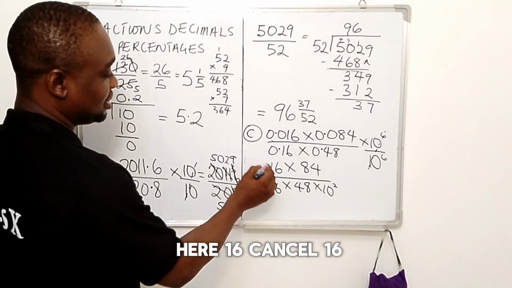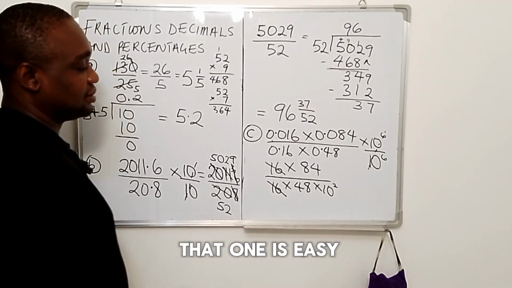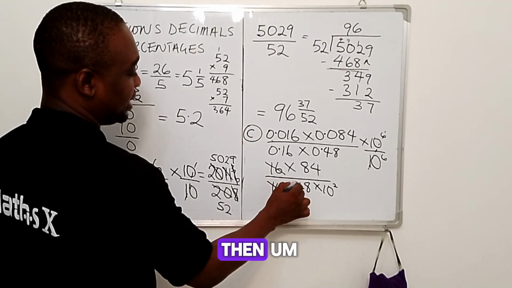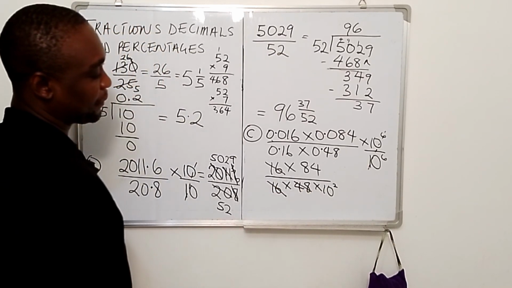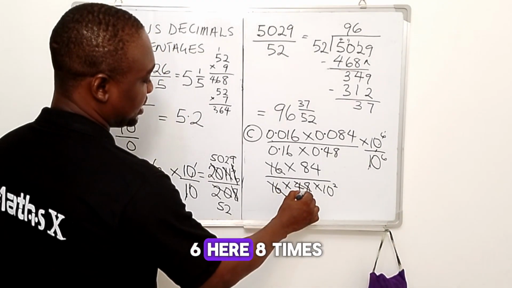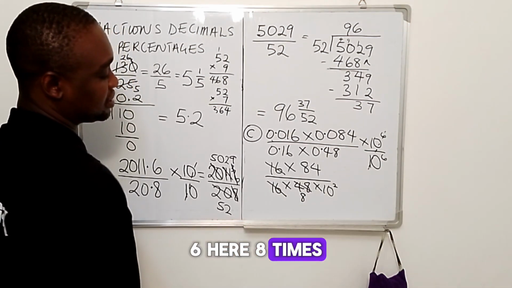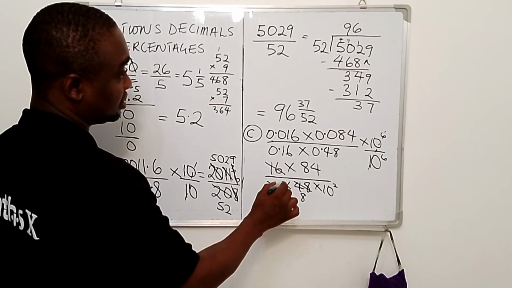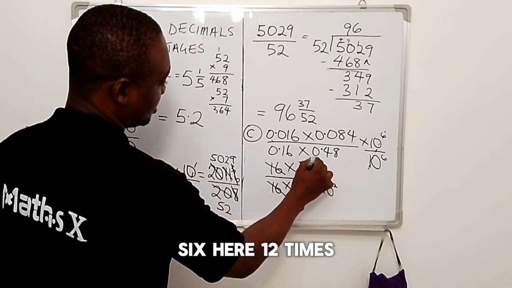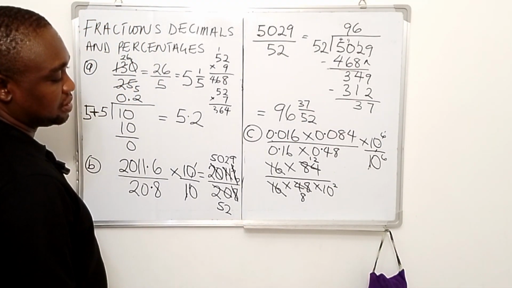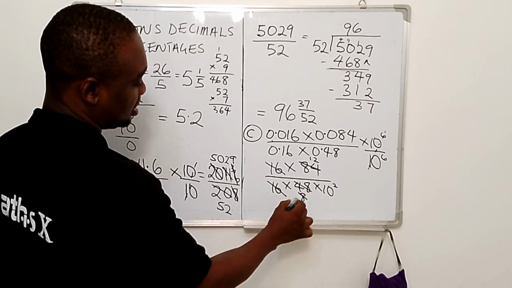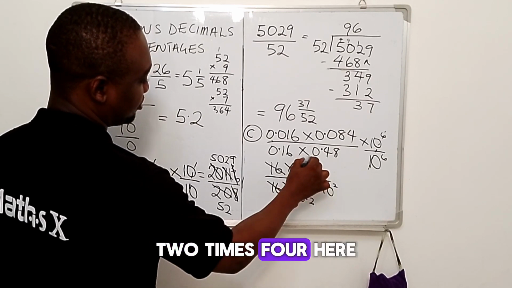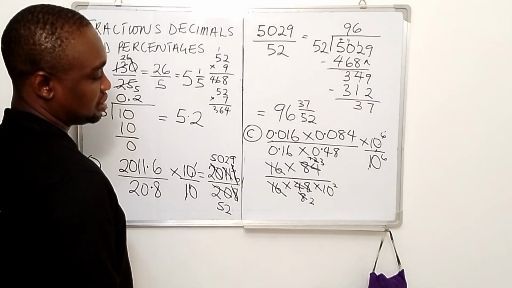I can go on. Here, 16 cancels 16. That one is easy. Then 6 here, 6 here, 8 times, 6 here, 12 times. Again, 4 here, 2 times, 4 here, 3 times.